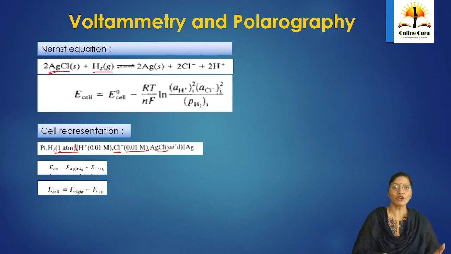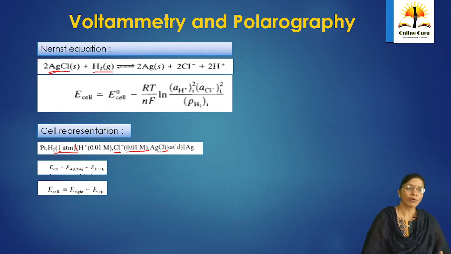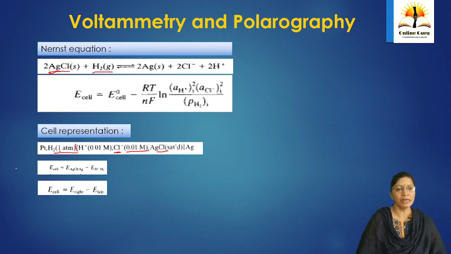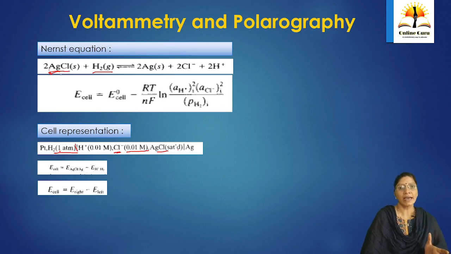What is represented on the left hand side? The standard reference electrode, hydrogen, right? And what is happening with hydrogen? It is getting oxidized. So what I told you in the beginning, what is anode? Where oxidation takes place. That means on the left hand side you are representing the anode. On the right hand side, what is happening with silver ions? Ag plus is getting converted to Ag.